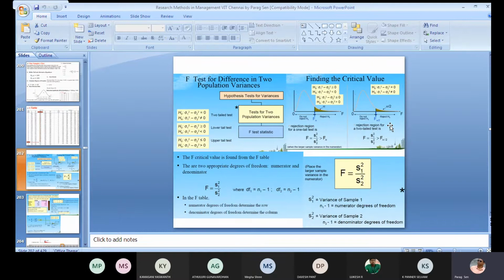Today we are going to see f-test. So f-test is performed for comparing two population variances.